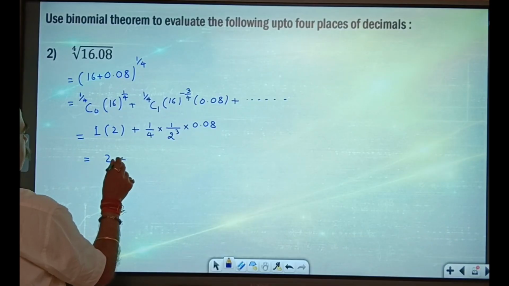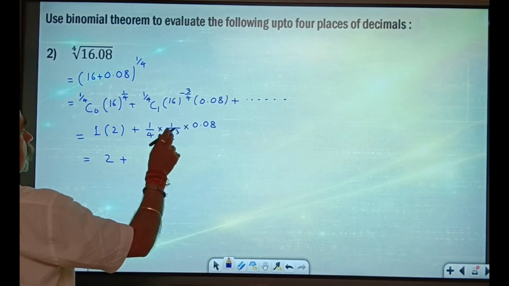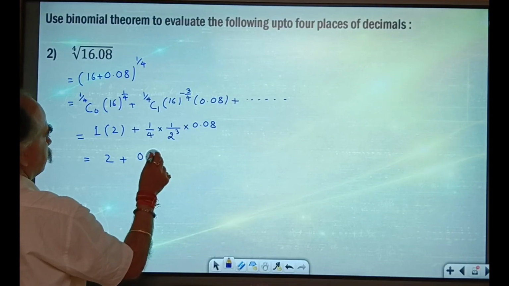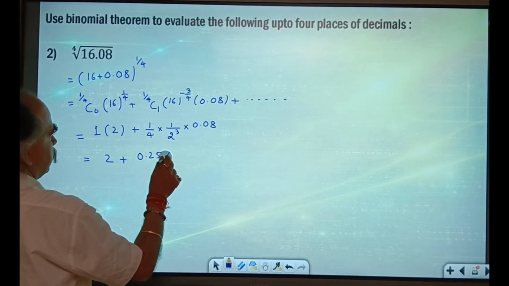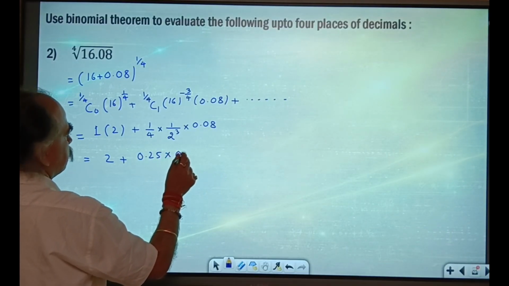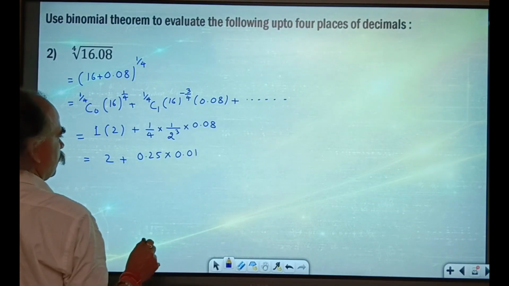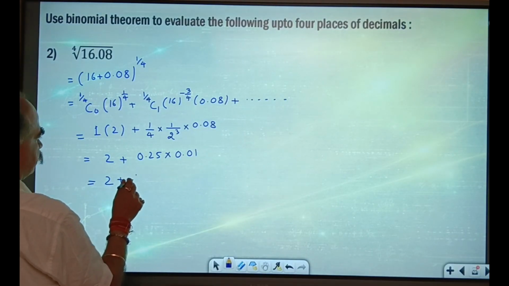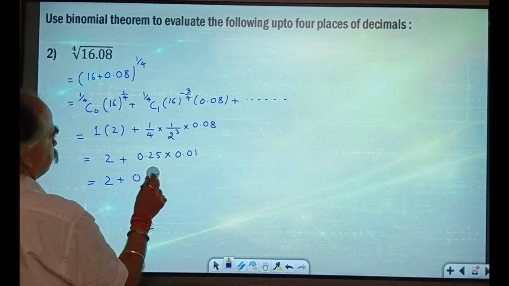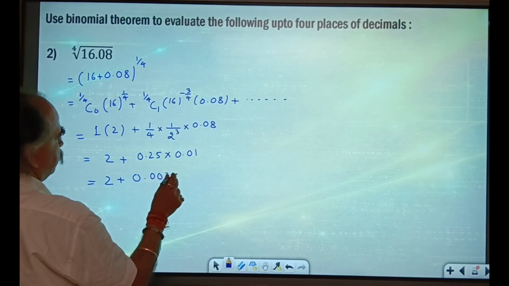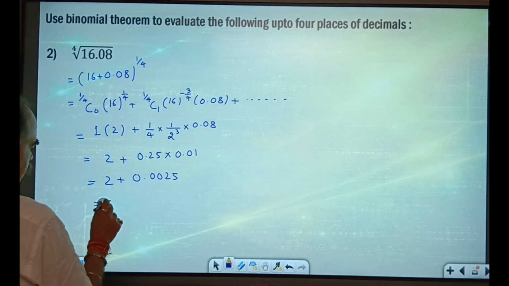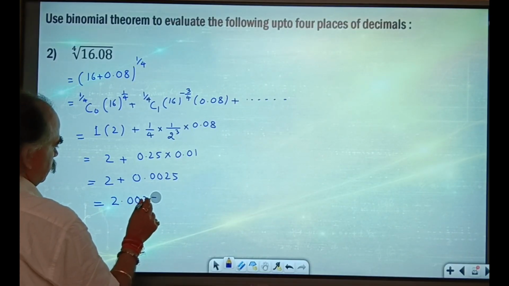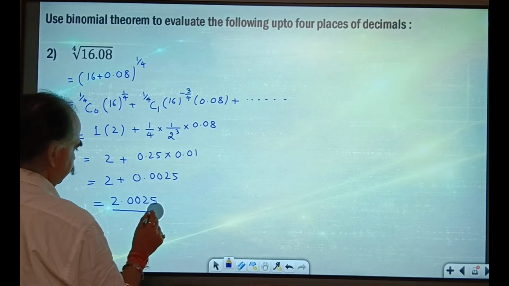This is 2 plus, 8 will get cancelled. 1 by 4 is what? 0.25, into 0.01, 2 plus 0.0025, which is 2.0025.